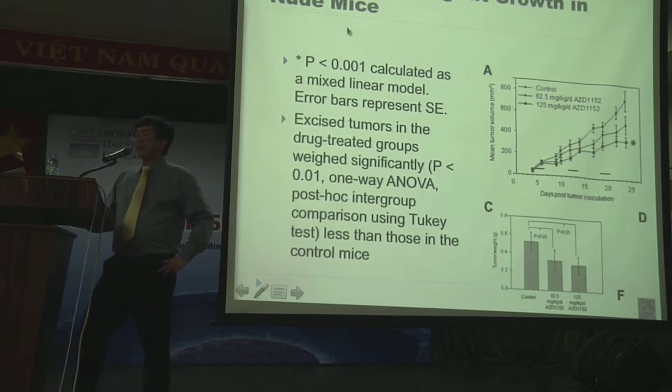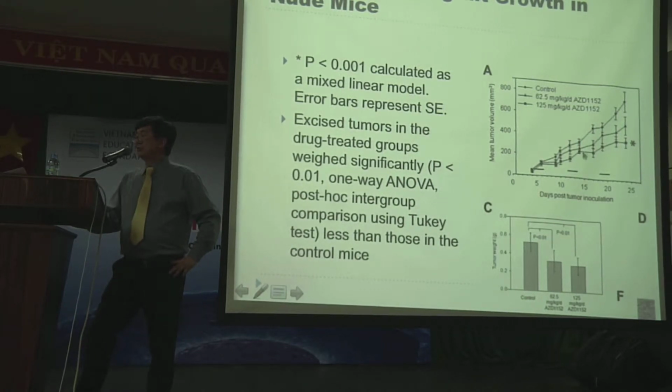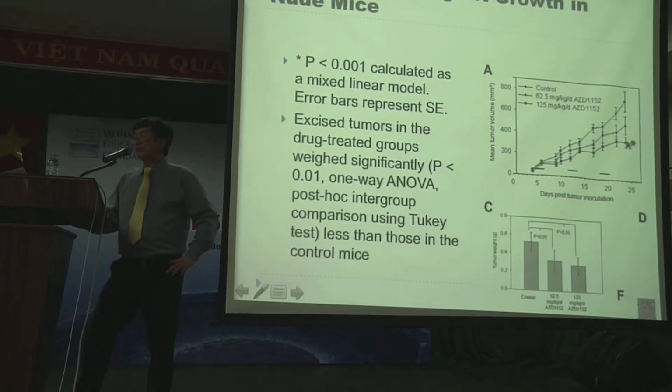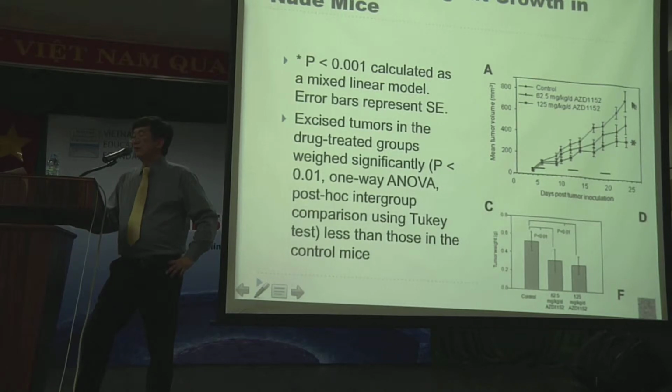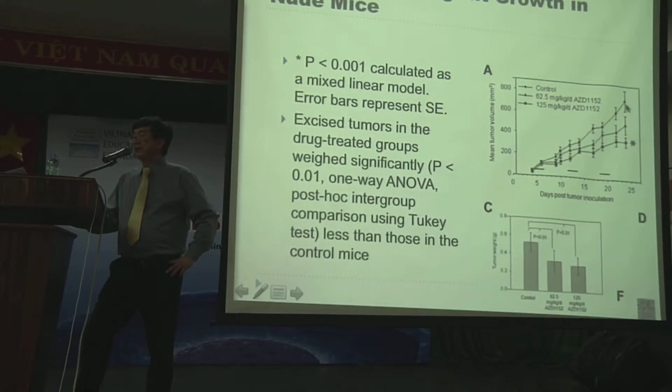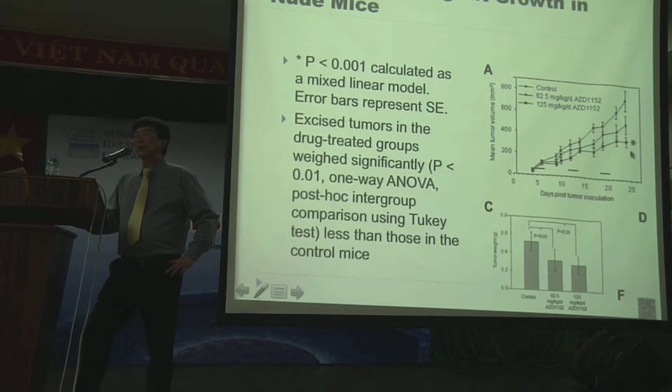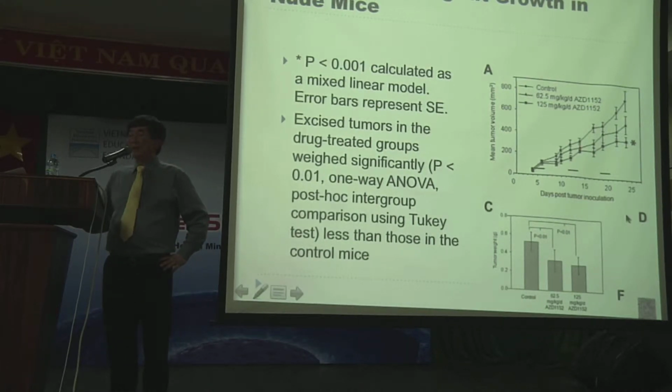With this type of method, you would be able to discern that there's a truly statistically significant difference in terms of the rate of growth among these different groups, whereas if you only analyze the tumor size at the endpoint, you may not be able to reach statistical significance.